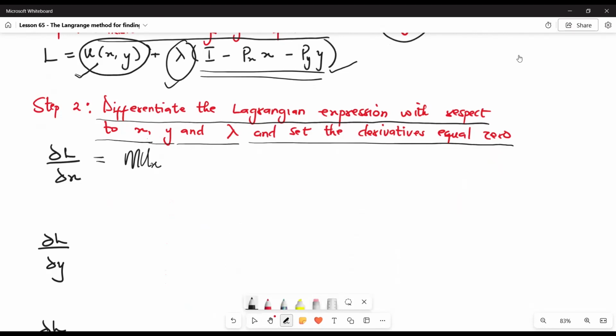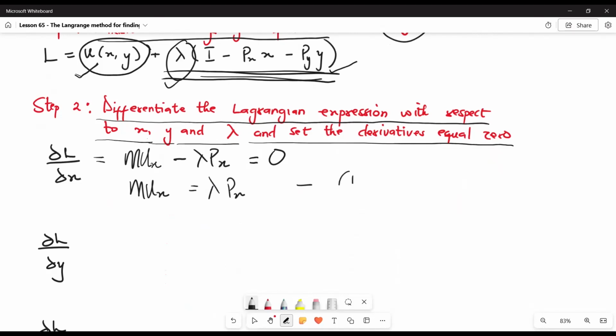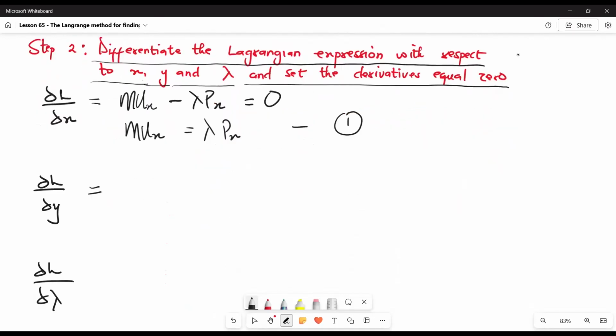And then the next thing we are going to differentiate is this entire equation here, which is going to give us minus lambda px, and we set this equal to 0. So we can rewrite this as marginal utility of x equals lambda px. Let's call this equation 1. Then we move on to the differentiation of the Lagrangian function with respect to good y.